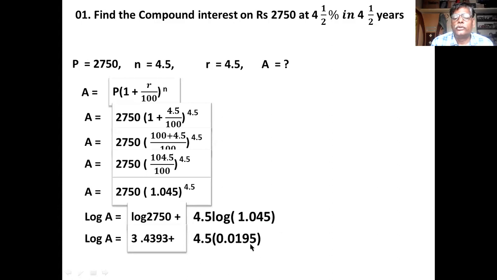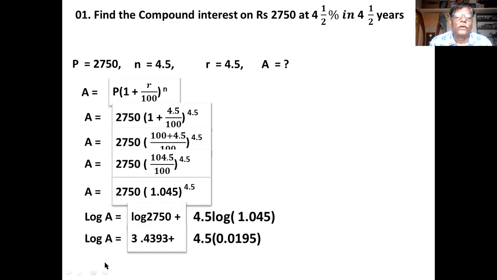I took 0.0195 with the help of the 10 line, 4th column Mantissa, and added the 5 column mean difference. Its answer is 0.0195. Okay.